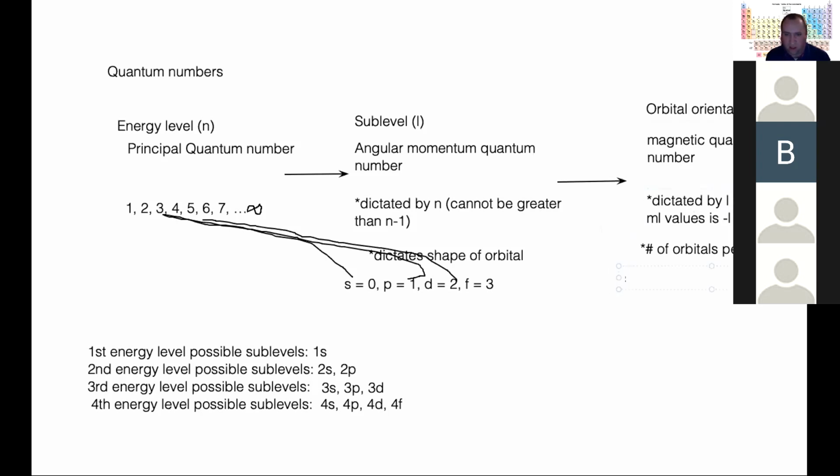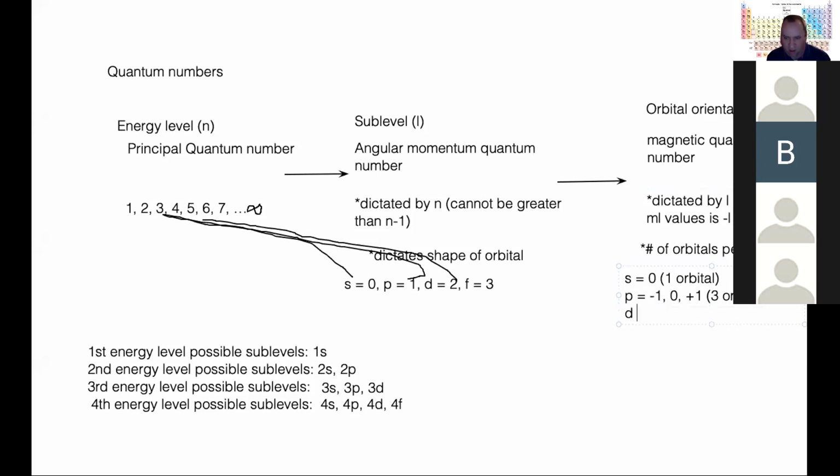The s orbital, since we're going from 0 and that's it, has one orbital in the sublevel. For the p orbital, since we can have a value of -1, 0, and +1, there are 3 orbitals in that sublevel.